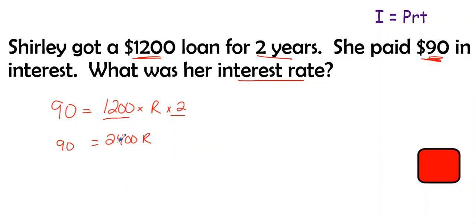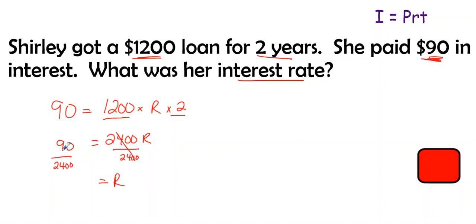So if you think about it, 2400 times r would give me this. So I want to figure out the opposite of multiplying by 2400. The opposite of multiplying by 2400 would be to divide by 2400. So I want to divide both of these sides by 2400. If I divide this by 2400, I'm simply left with my rate.